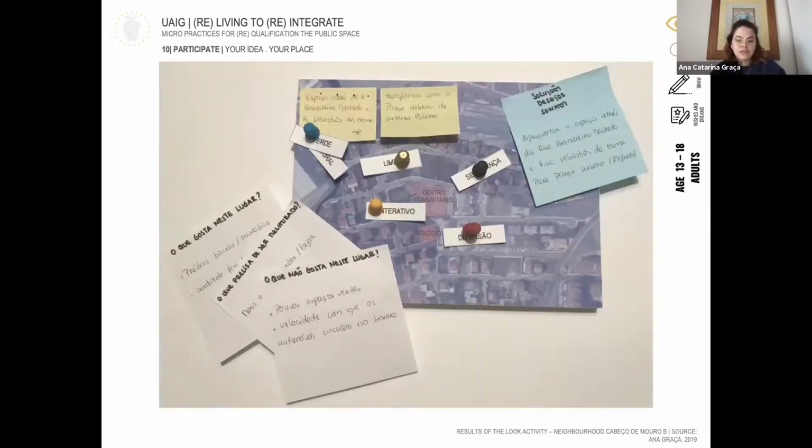This participation kit for youth between 13 and 18 years old and adults comprises a reflection exercise. The intent is to identify a pleasant space, a space for sitting, a space where they feel unsafe, and a space to transform, through indication with pins corresponding to each action.